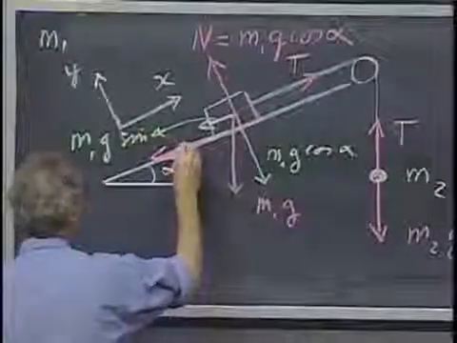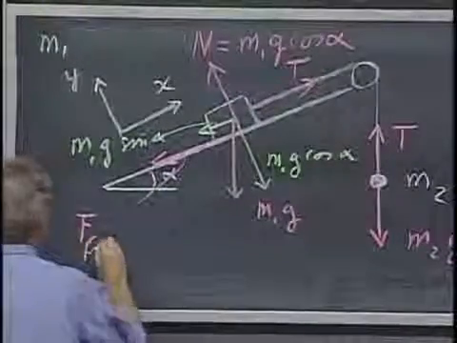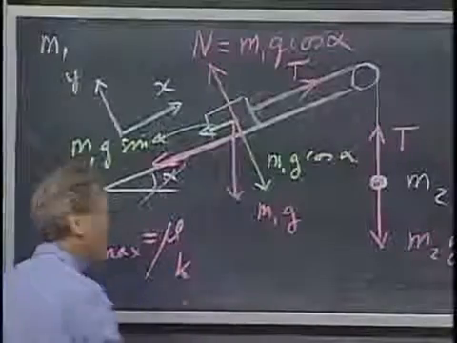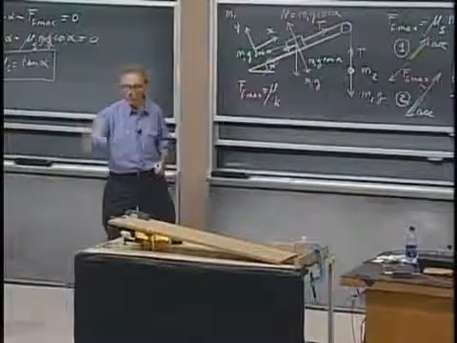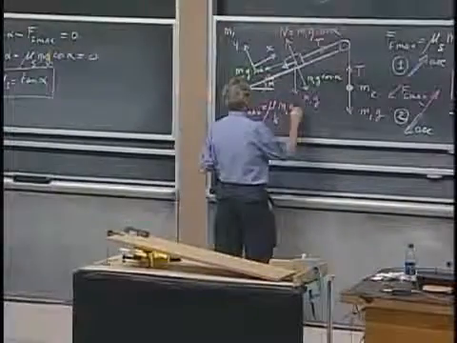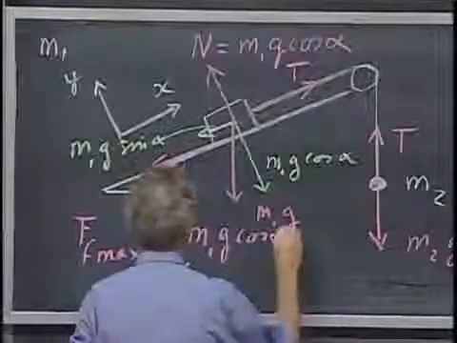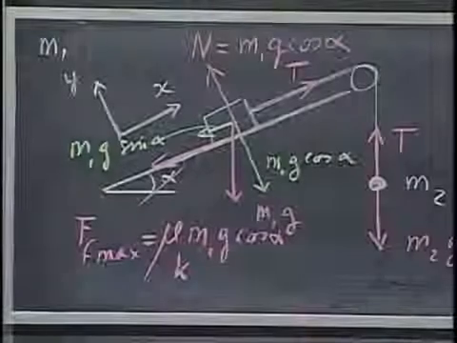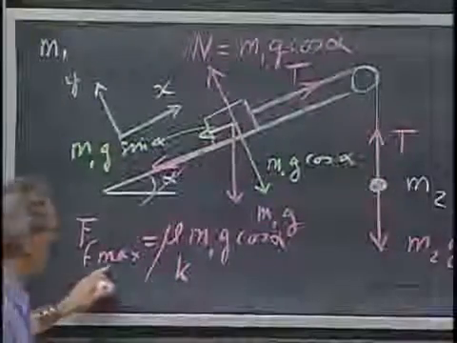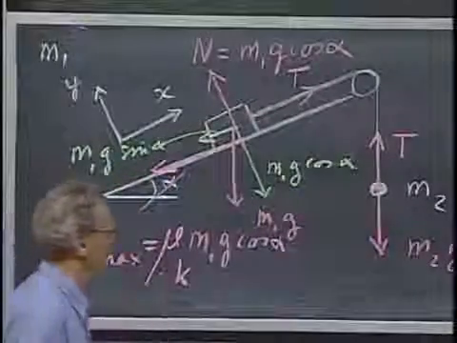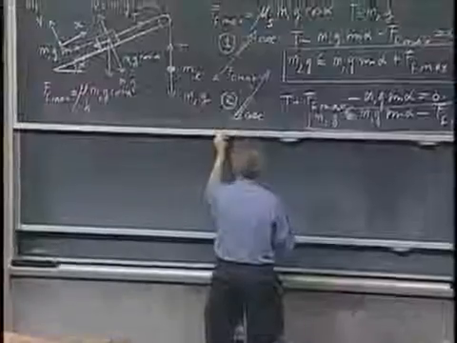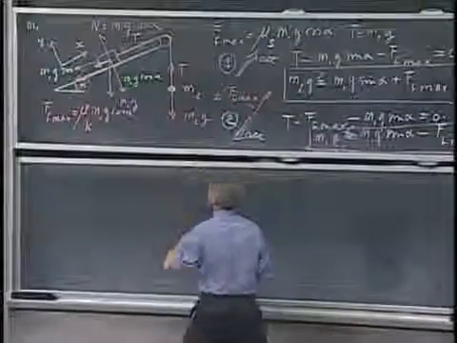I know that this is the maximum friction possible, which now becomes mu kinetic, because it's going to move, times m1 times g times cosine alpha. So that is already one change. It is moving, for sure, it's going to be accelerated, so the frictional force is in this direction and has this value. So let's write down now Newton's second law in the x direction.